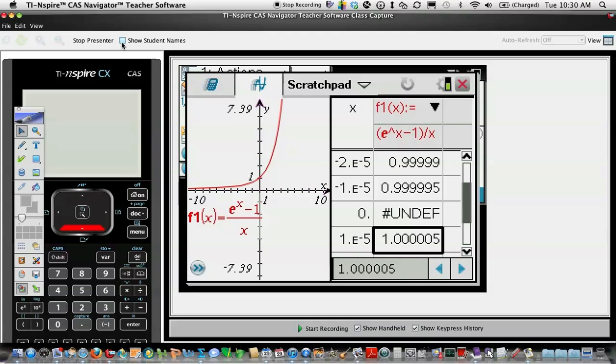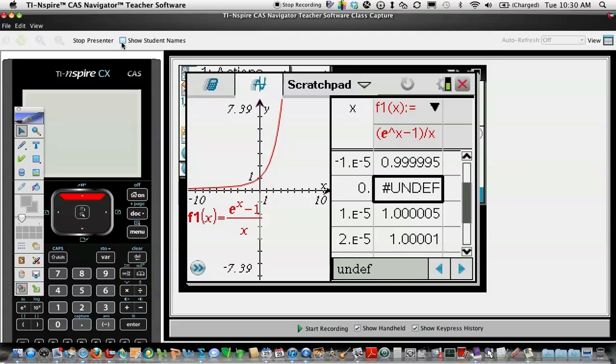Okay? Now, let's do something else to the x power. Anything else. We'll call it a to the x power. Okay? Let's do any other base other than e, like 2 to the x or 3 to the x or whatever.